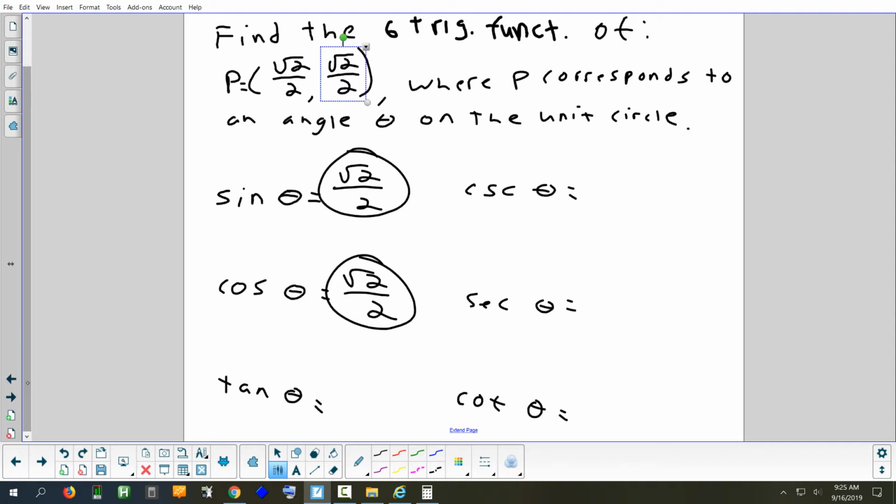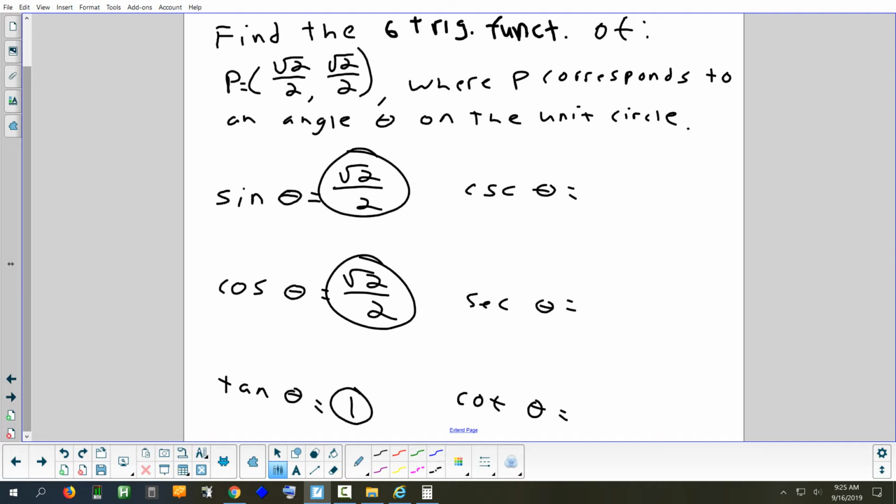Okay. And now tangent. Remember, tangent is y divided by x. But y and x are the same. So what are we going to get there? 1. I mean, you can go through and set it up and cancel everything out, but you're just dividing 2 things that are the same. So sometimes, if I find an easy one, I do that one first. So let's do the cotangent.